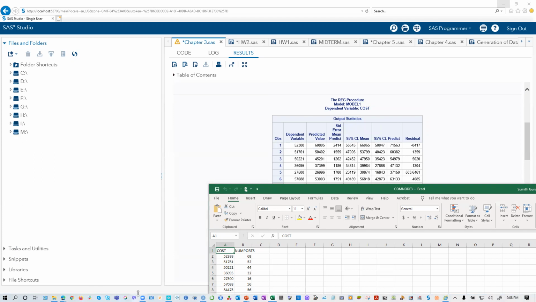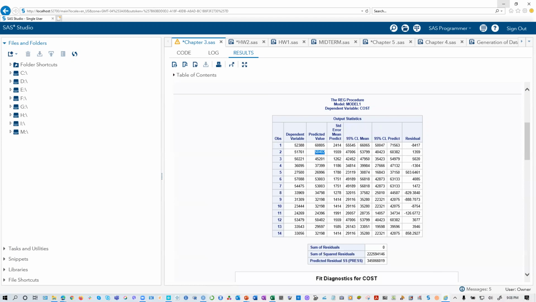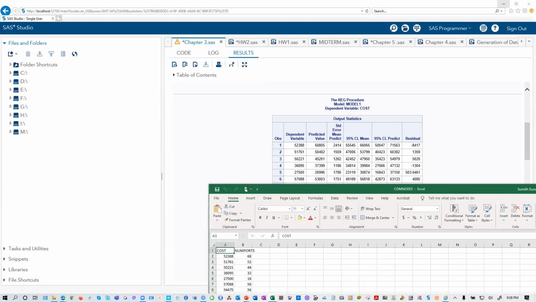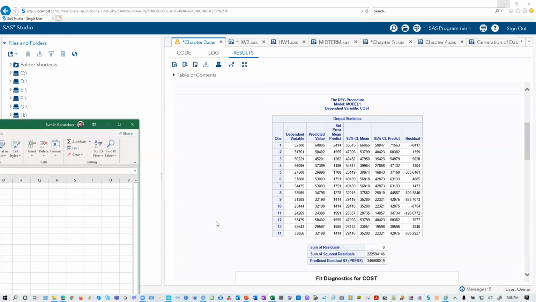When you plug the number of nodes into this formula, how many nodes do you have? 52 nodes. For 52 nodes, your estimated value is this much. Do the same with all the numbers of nodes for the 14 entries: true value, true cost, estimated cost.